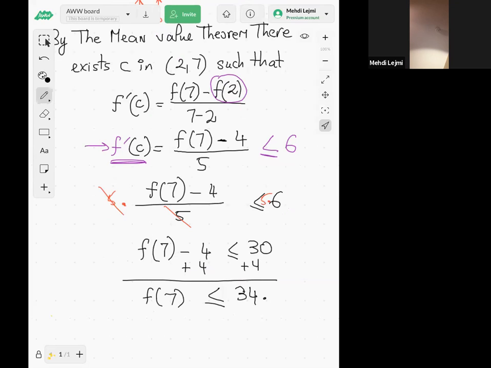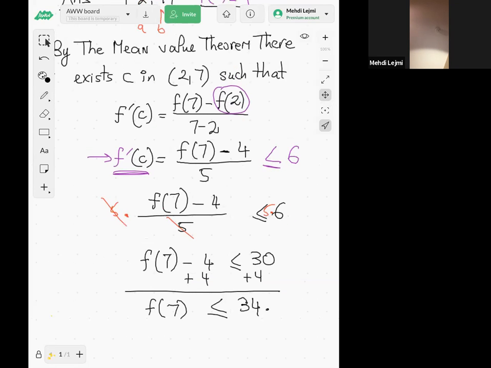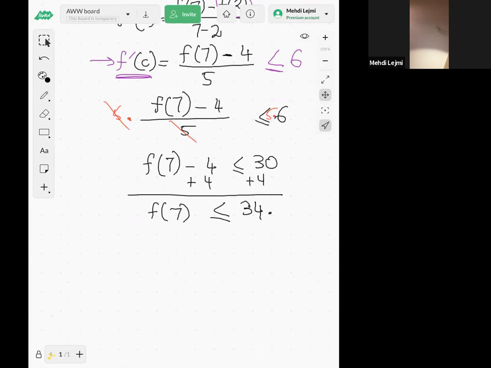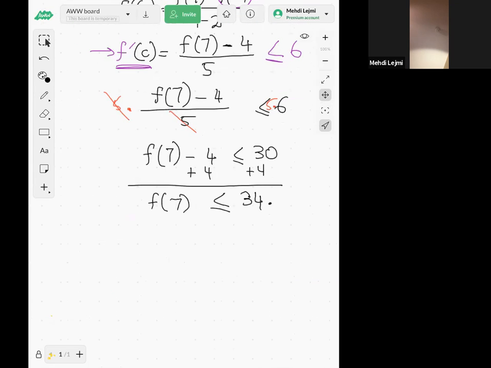Okay. So to answer the question, how large can f of 7 possibly be? That would be 34.